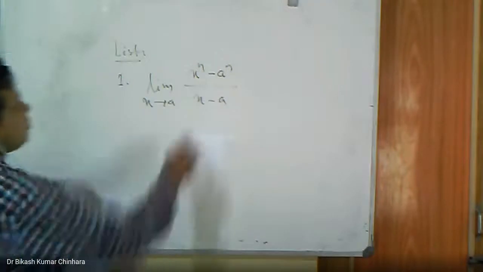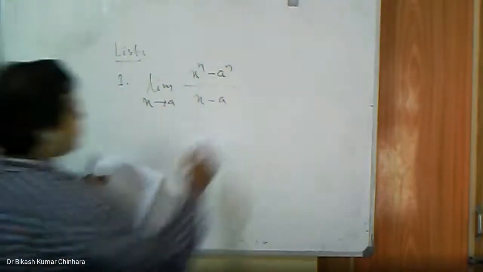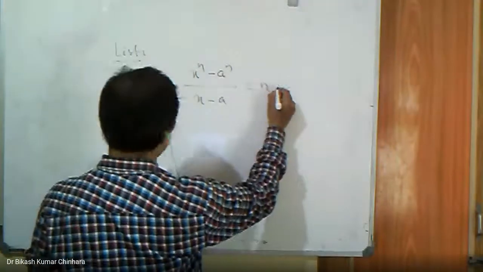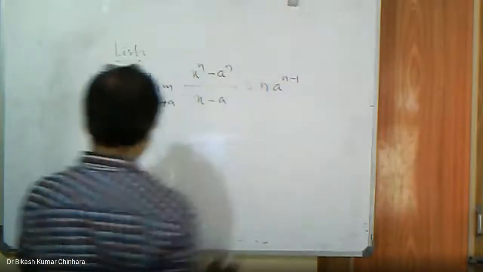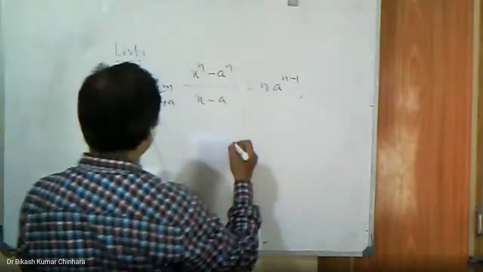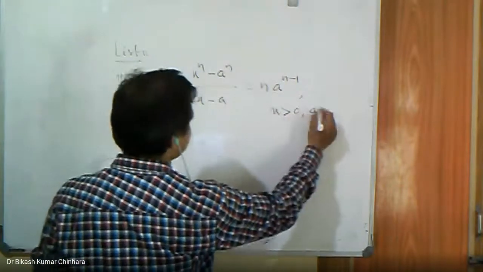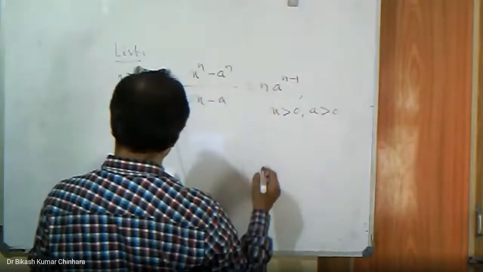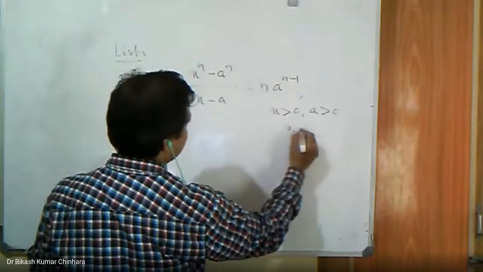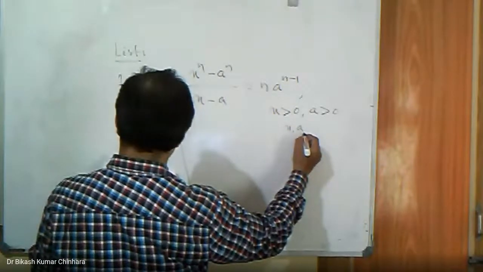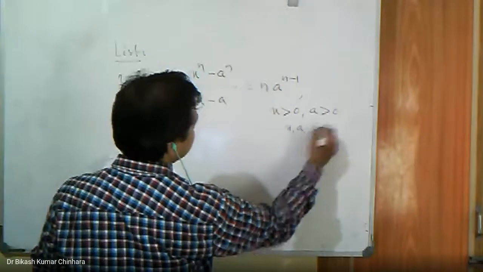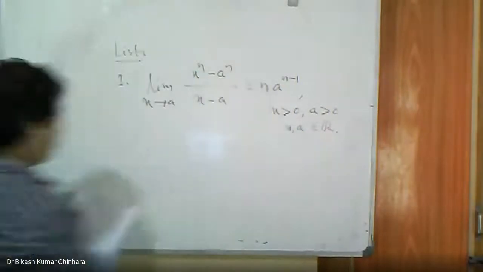So if the function is like this, the value will be n into a to the power n minus 1. And here you can say that your x is greater than 0 and a is greater than 0. Okay, and x as well as a belong to R, any real number.